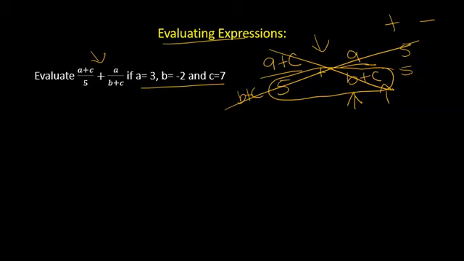So I have A plus C over 5, which is 3 plus 7 over 5 plus, where is it? Is that an A? I have 3 over -2 plus 7, right?